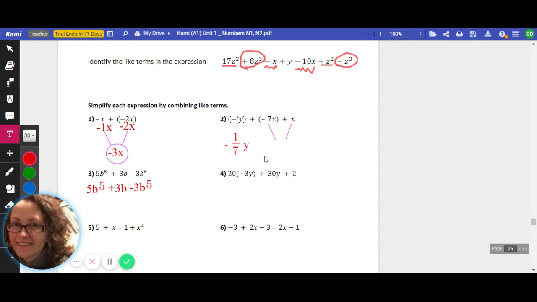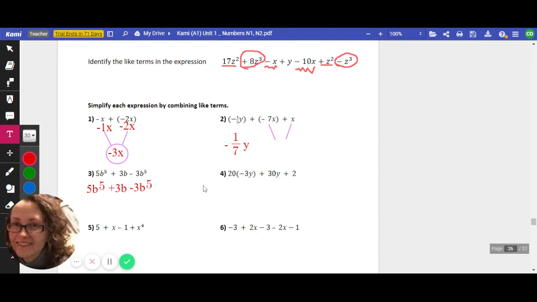Looking at our next one, I have a y here and 2 x's. So I can just rewrite that y, that -1/7 y. I can't combine that -1/7 with either of the other two terms in the expression.